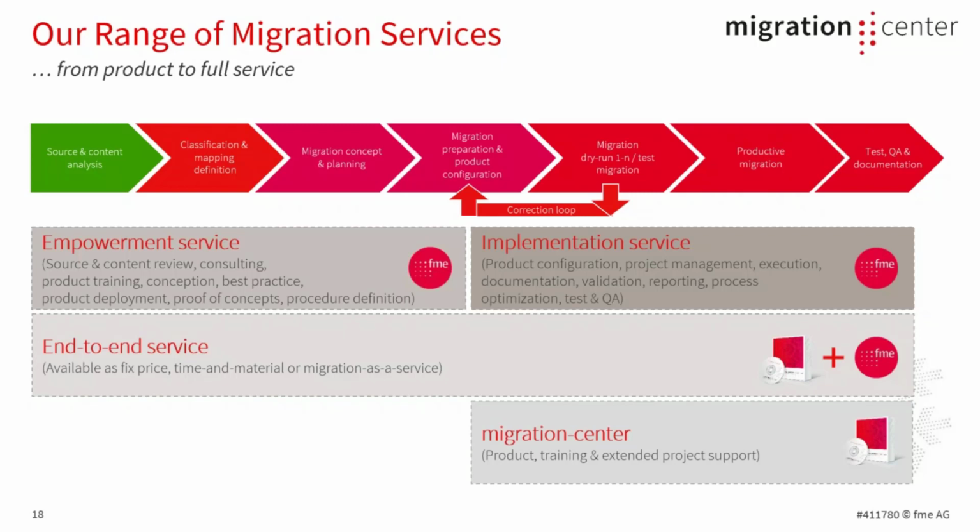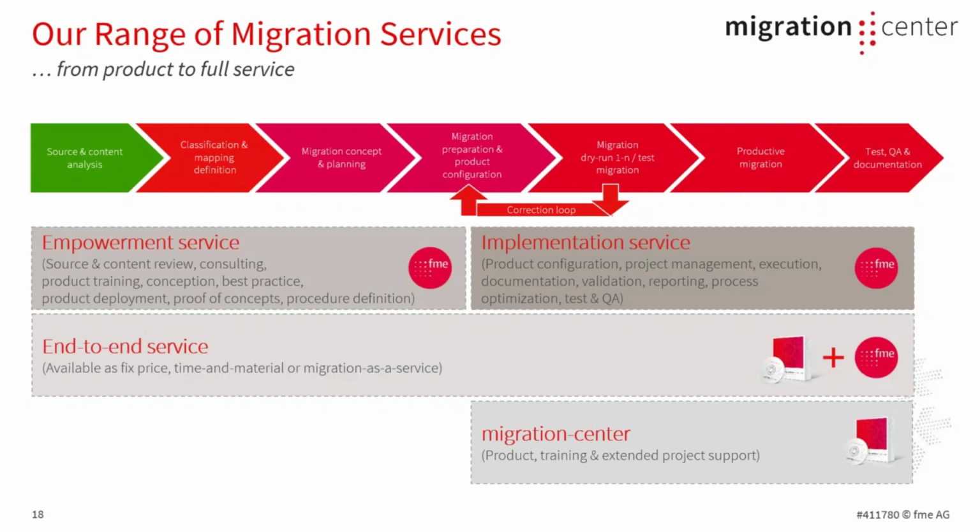If not, you go into a kind of correction loop. You modify your migration concept, or your configuration and transformation model, and do another dry run or test migration. Then, if everything works as expected, you go into the product migration, and finally you have the test, the QA, and the documentation.